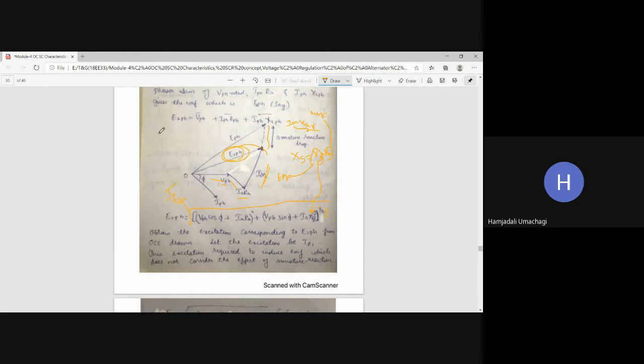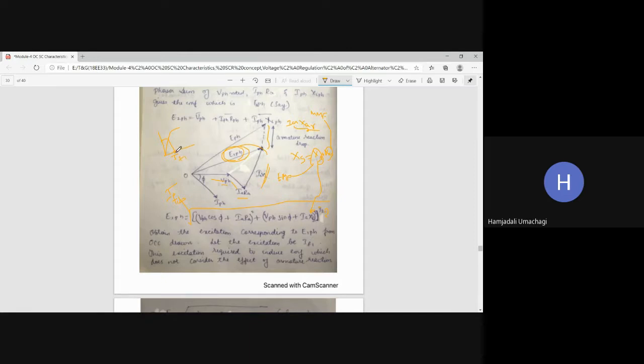Suppose you are getting some 800 volts. If this is my OCC, then you should just mark that 800 volts till it touches the OCC. From there, you should drop the perpendicular, and this value will tell you IF1.